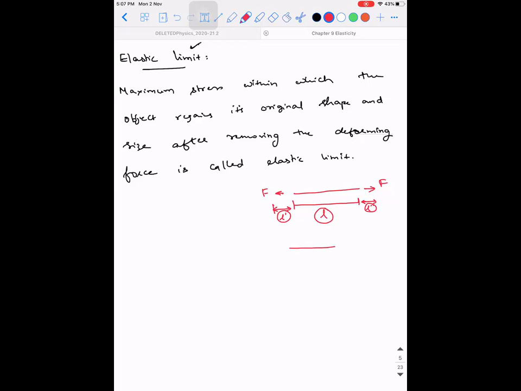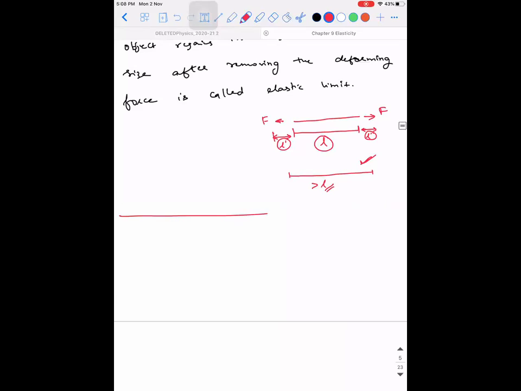It might sometimes stop at a distance greater than L. Means the object has got completely deformed. It has not come back to its original position. So if that force crosses, then that particular stress is said to be beyond the elastic limit.